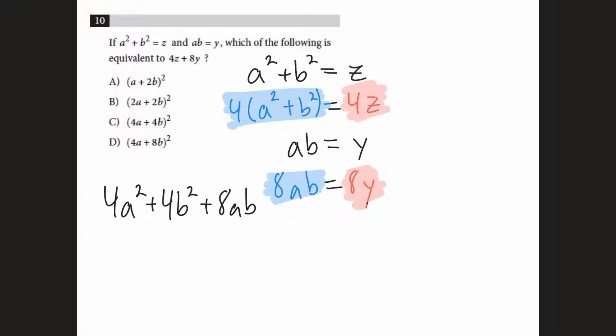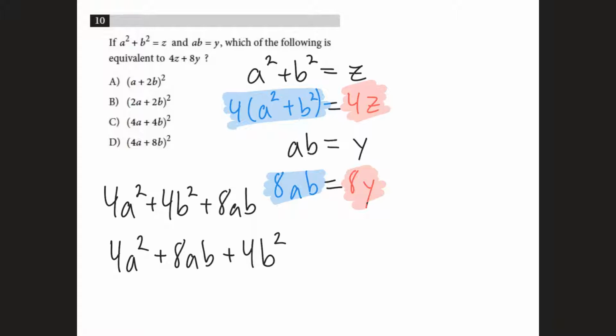Well, this looks like a quadratic, and to factor it, I'm going to get my squared terms as term 1 and term 3. So I'm going to put 4a squared in front. I'm going to put my second term as 8ab, and then my fourth term as 4b squared.